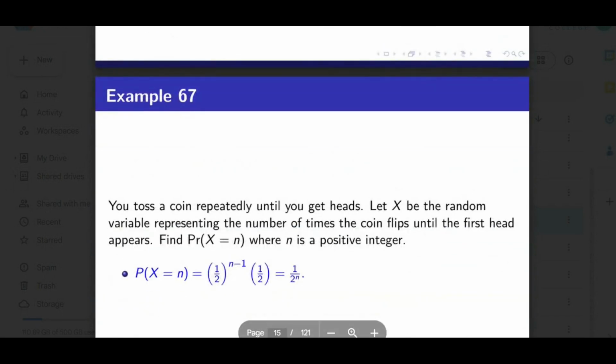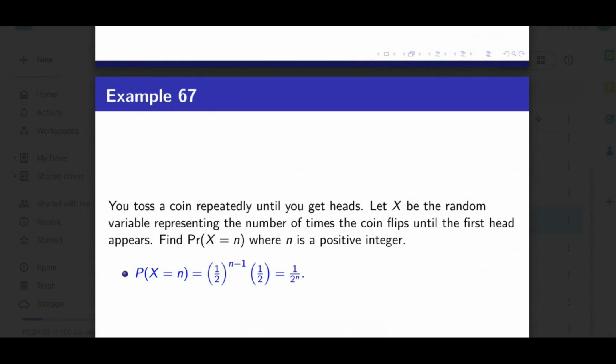Then, you toss a coin repeatedly until you get heads. Let X be the random variable representing the number of coin flips until the first head appears. Do you agree that the probability that I need to toss n times before I see my first head is given by this one, if you assume all tosses are independent?